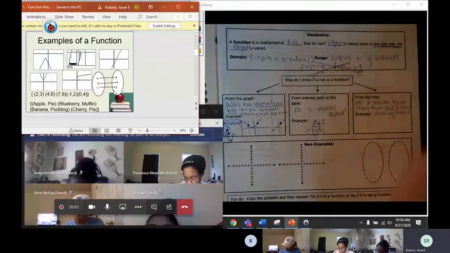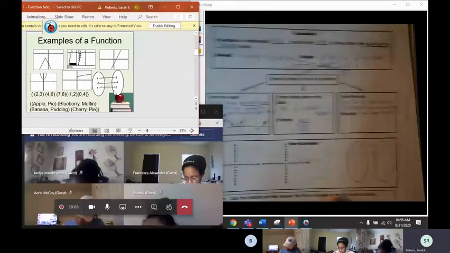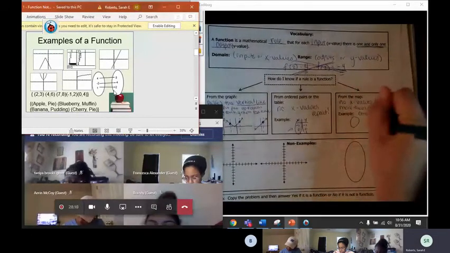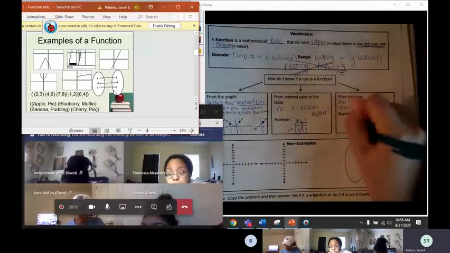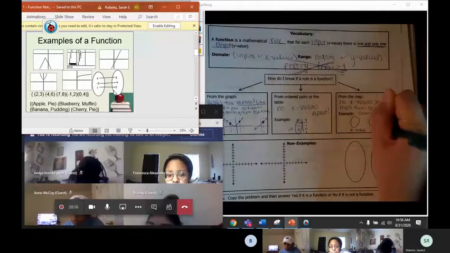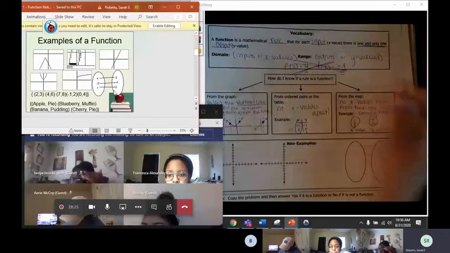Okay, so if I have a circle here, and a circle here, and these are my x values, these are my y values, and we have maybe 1, 2, and 3 in my x's, and maybe just 4 and 5 in my y's. That's possible.